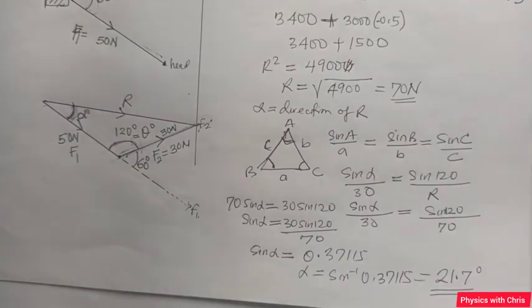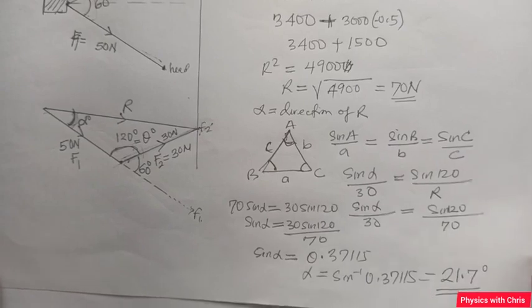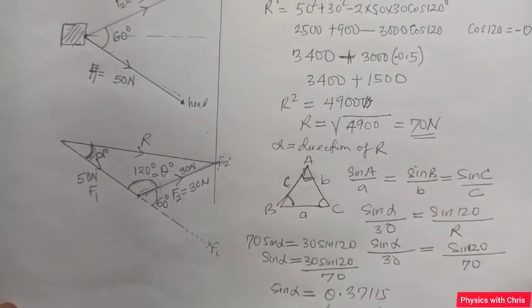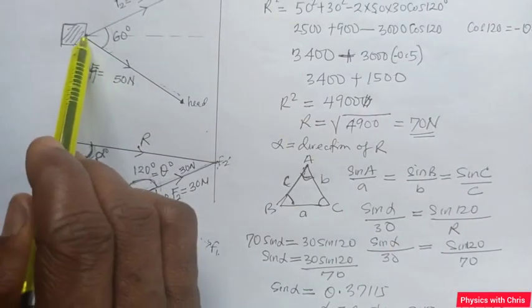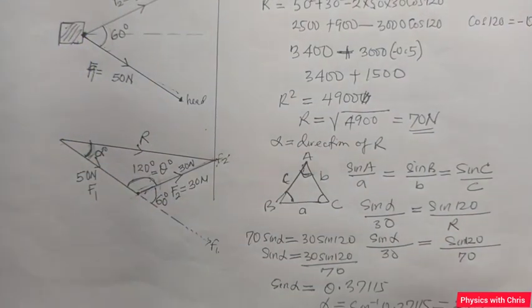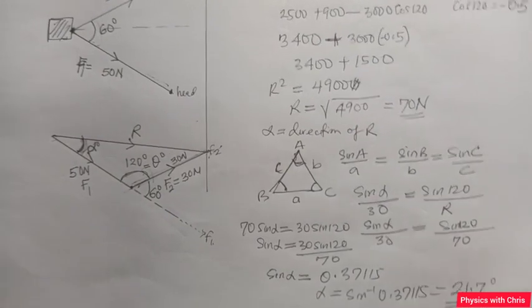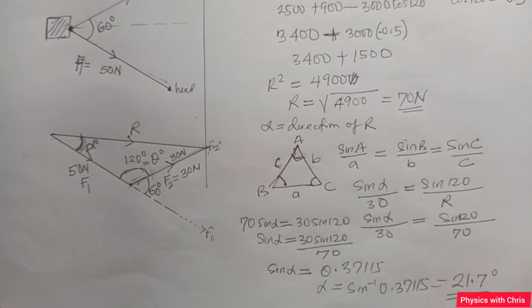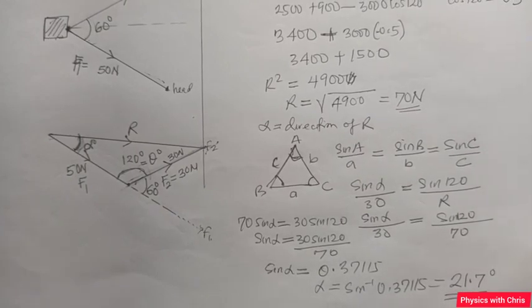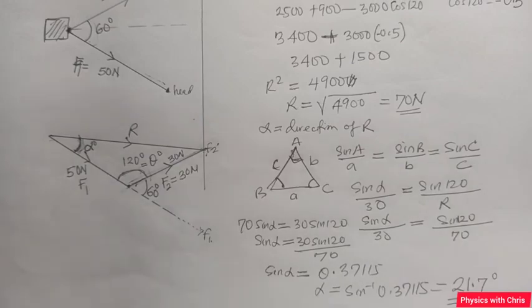This is how to determine the magnitude and direction of the resultant of two vectors acting at a particular point on an object by the triangle method. In the next video, we're going to see how to use the second method, the parallelogram law of vector addition, to find the resultant of two vectors.